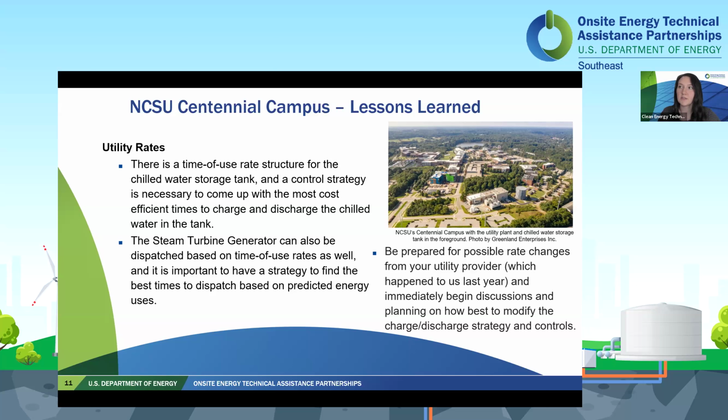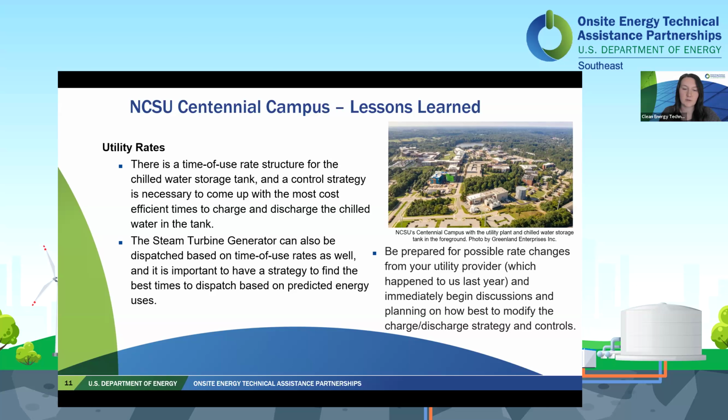For the CHP and thermal energy storage tank, there were some important considerations dealing with the utility rates. Here there is a time of use rate structure for the chilled water storage tank, and a control strategy is necessary to come up with the most cost-efficient times to charge and discharge the water in the tank.